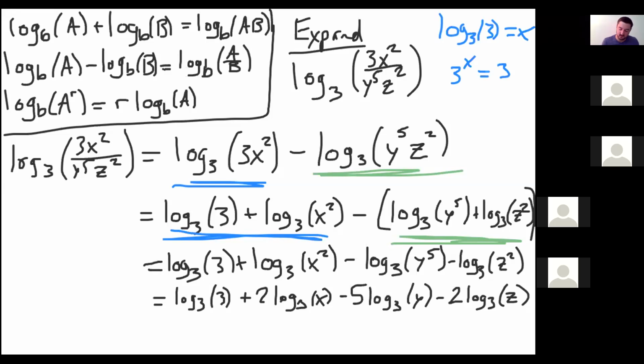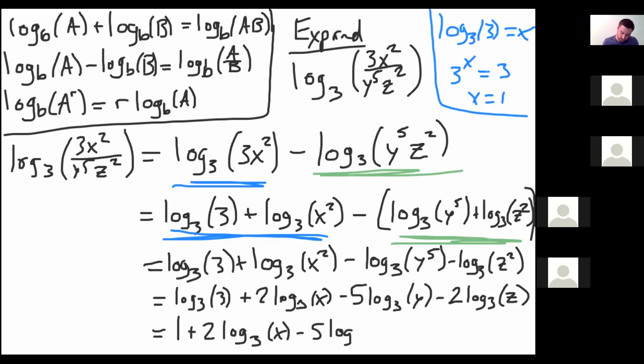Well, that just tells me that my value of x, that exponent, has got to be 1, which means log base 3 of 3 is 1. So my final answer may look like this.